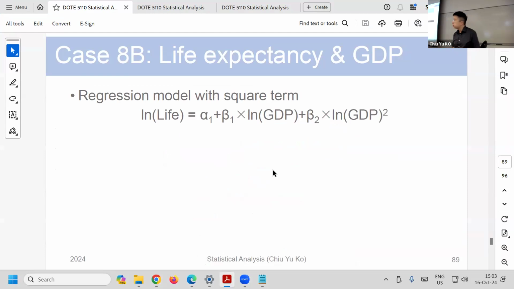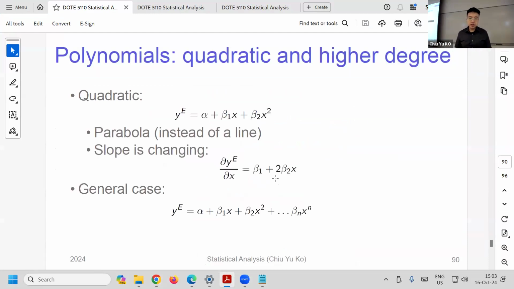Okay, and the other way to do it is to use a square to capture the nonlinearity. So basically, I do a regression, but I allow a square there. Okay, and the only troublesome part is the interpretation of the betas, right? The coefficient is not very clear. What does that mean, right? Because before, if you don't have a square term, beta 1 simply means x increased by 1, y is expected to increase by beta 1.